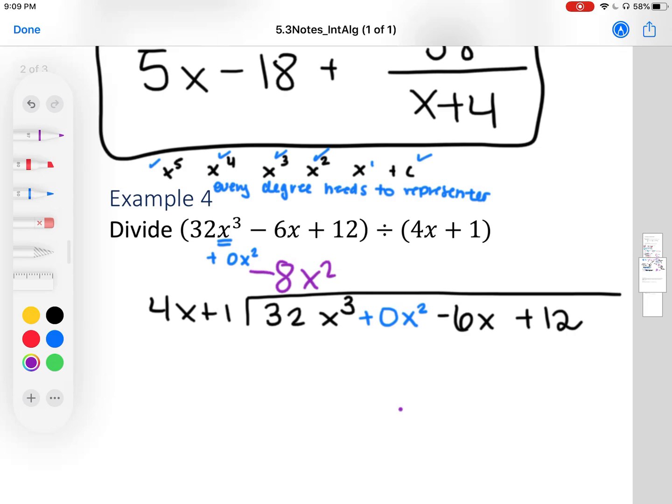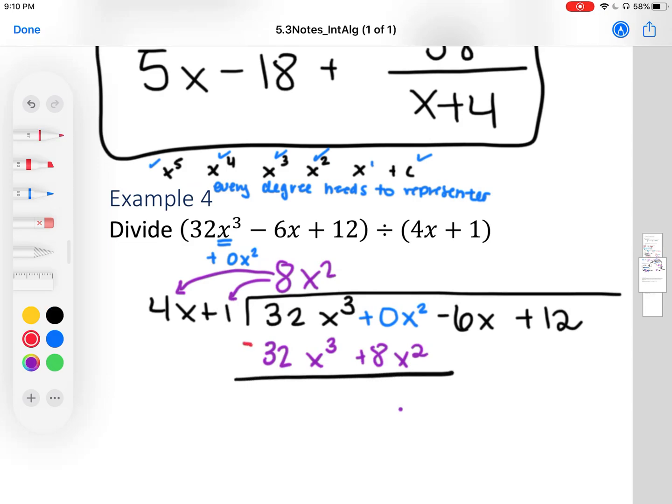Let's go ahead and multiply it by the divisor. So 8x squared multiplied by 4x, we get 32x cubed. And 8x squared times 1, we get 8x squared. All right, let's go ahead and subtract.